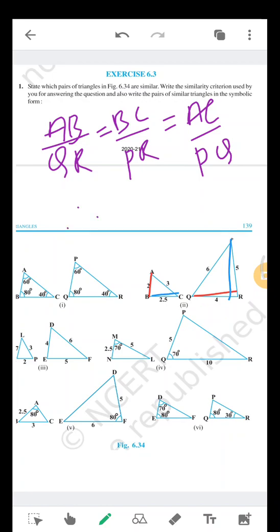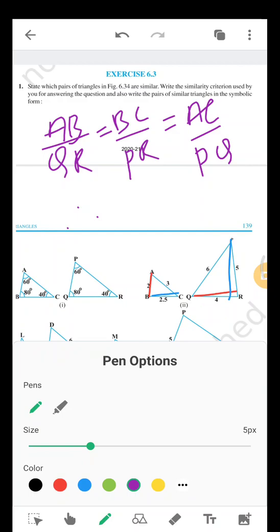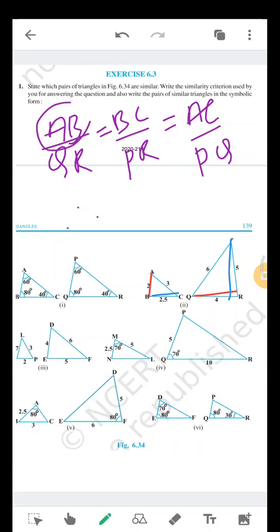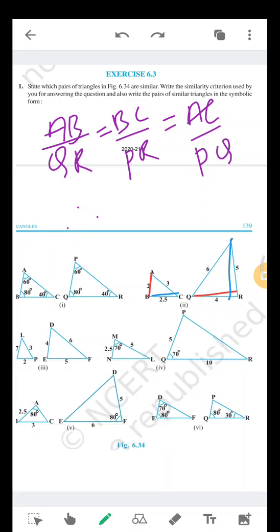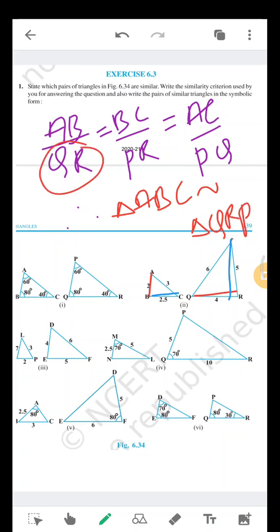Now how to name the triangle? That's very simple. Just see the first two letters. Let's begin from this AB. I can say triangle ABC is similar to triangle QRP. Start naming the triangle with the first two letters of the ratio.